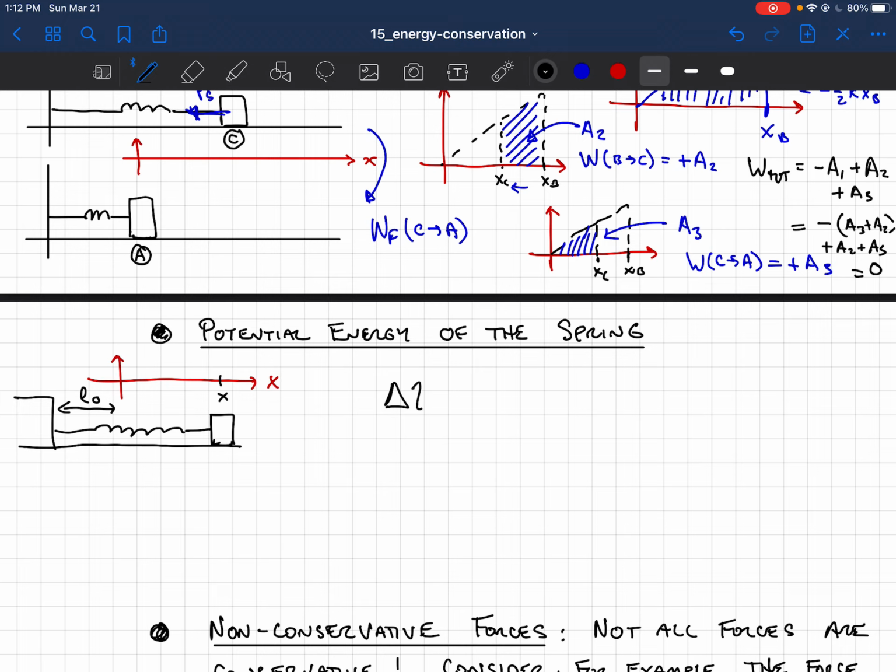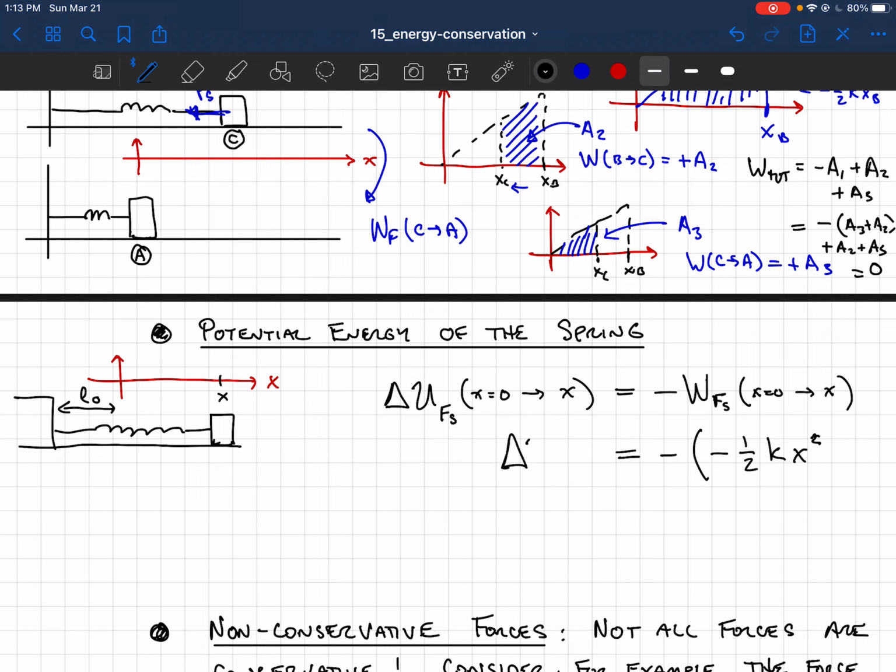Well, the change in potential energy due to the spring force from x equals 0 to x is going to be minus the work done by the spring force from x equals 0 to x. Well, we know what that is. We calculated it last time, and I just showed you what it was up above. The work done is minus 1/2 kx squared.